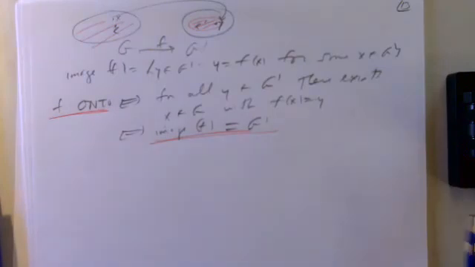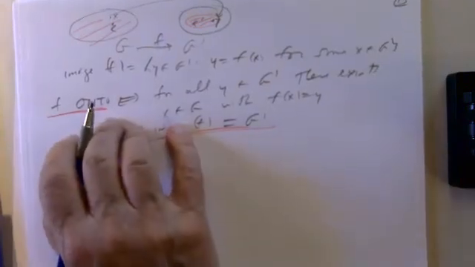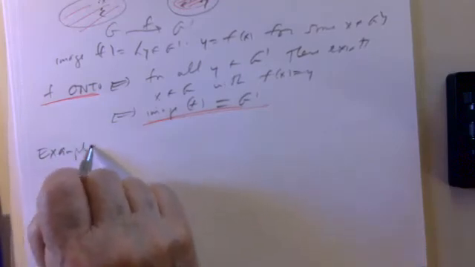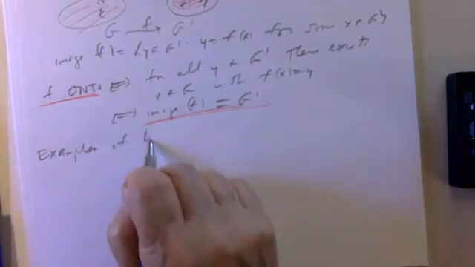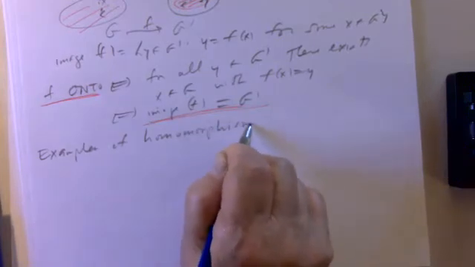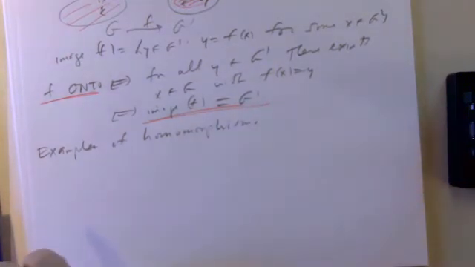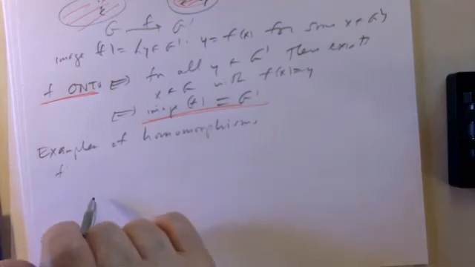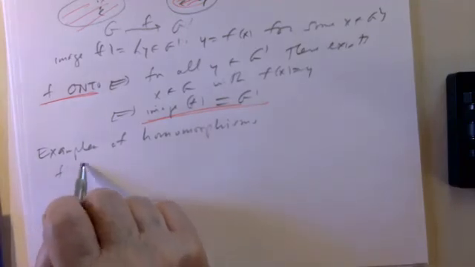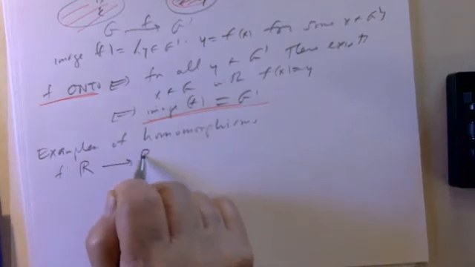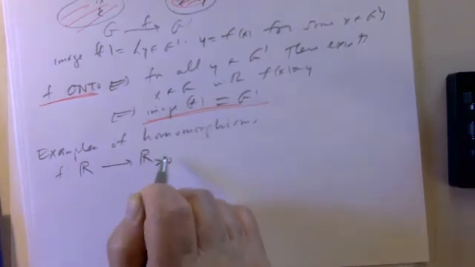Now, there are lots of homomorphisms that you know. So here are some examples. You can take the function f from the real line to the positive real numbers.